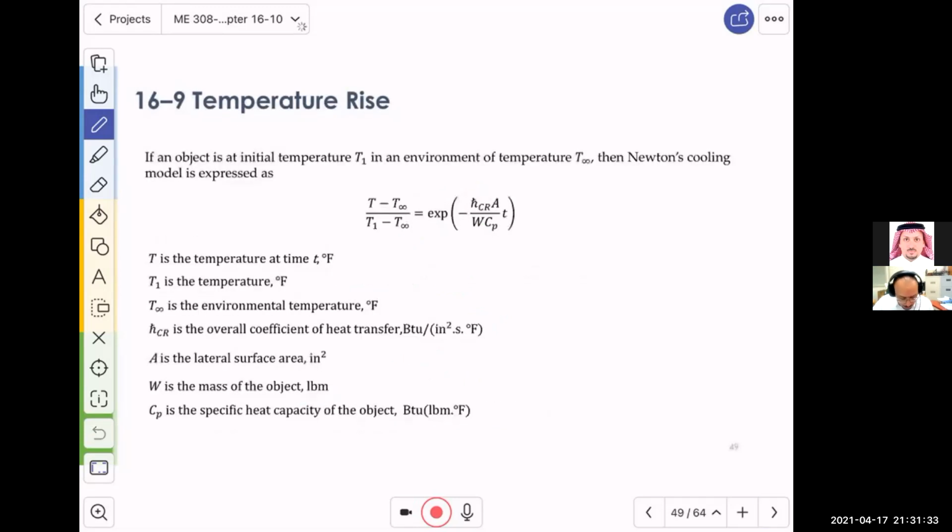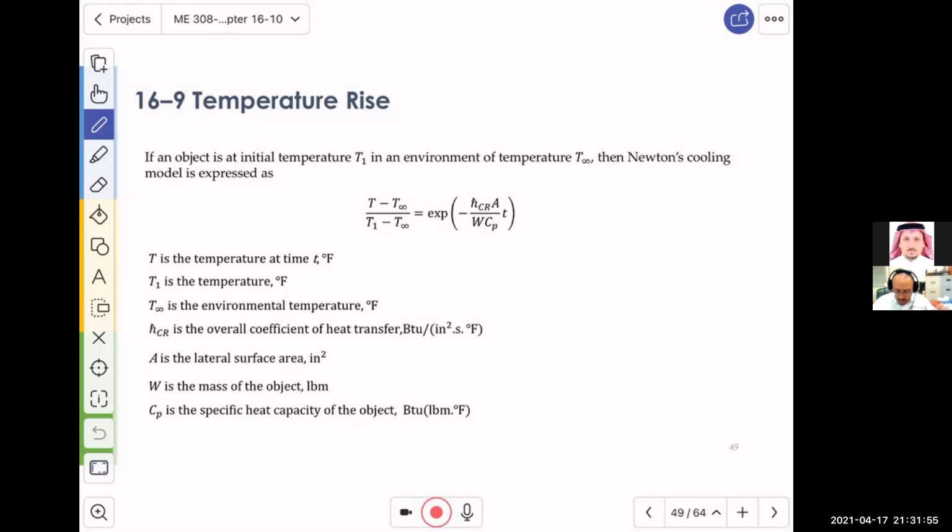Now, if an object is at initial temperature T1 in an environment of temperature T infinity. So let's say there is something which has been elevated to temperature T1, and the surrounding, which is like a heat sink, has a temperature T infinity.